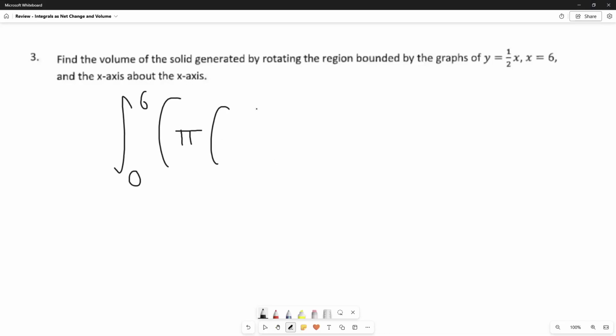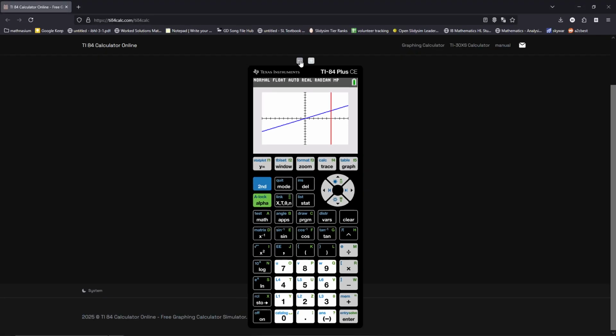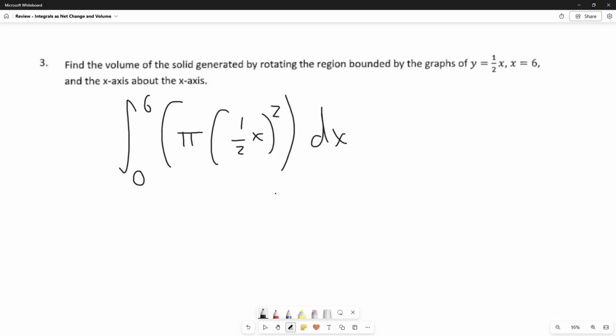So the y value is just going to be 1/2 x squared dx, and then we can put this into our graphing calculator, and it's just going to be definite integral from 0 to 6 of pi times 0.5 x squared, this back to x, and our answer is 56.5.